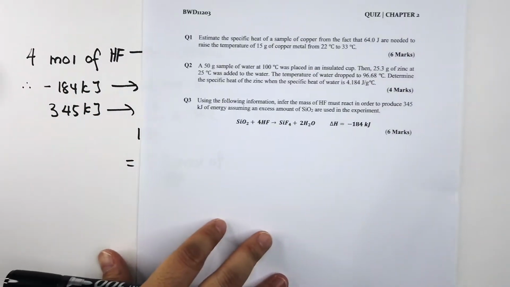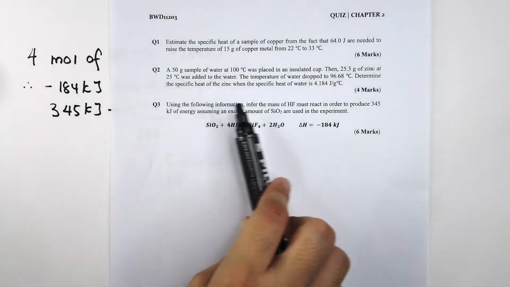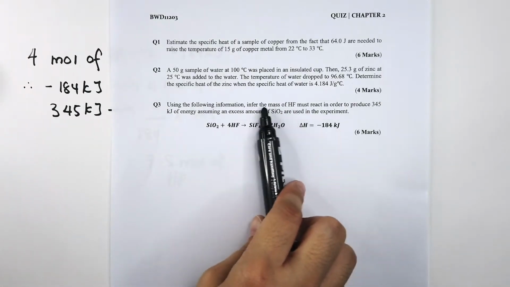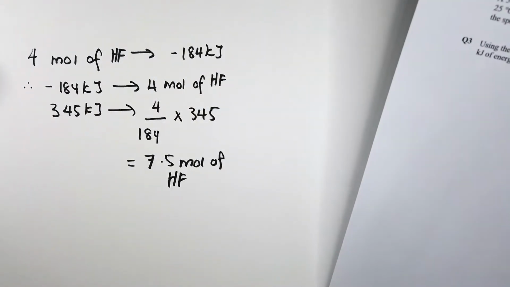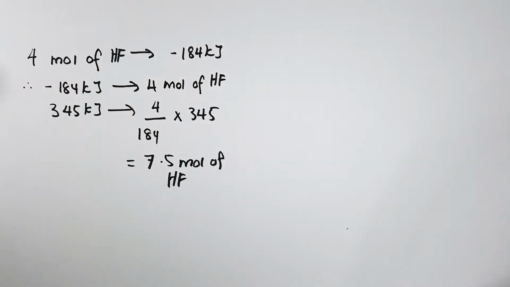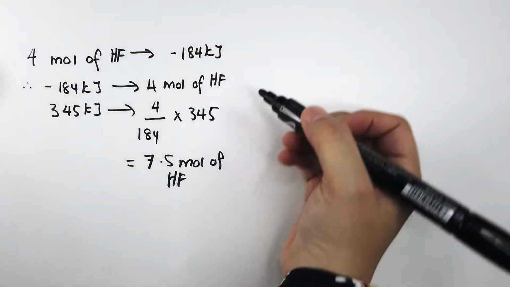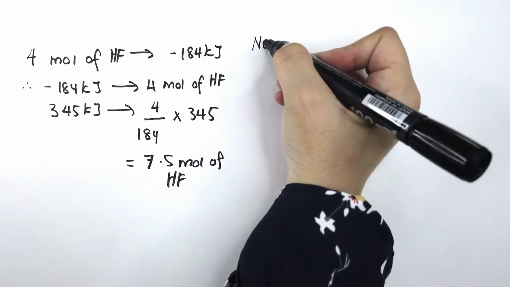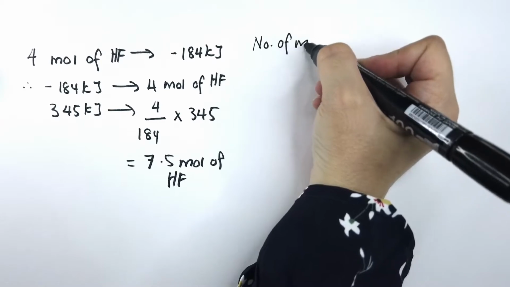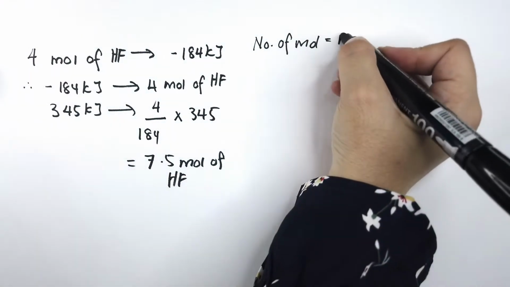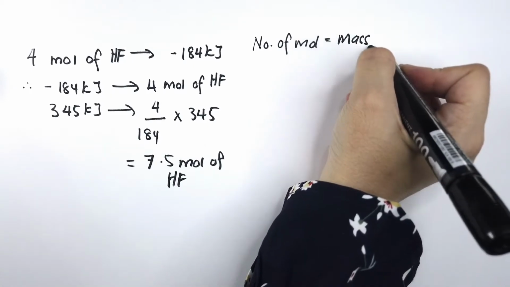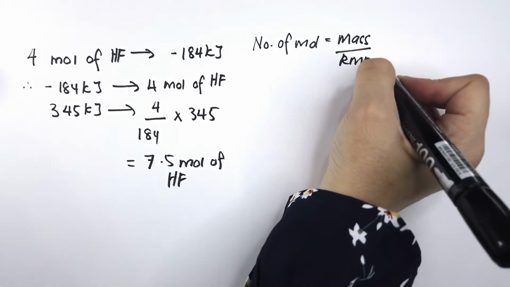But if you read the question again, it says infer the mass of HF. So what you have already calculated is actually the number of mole. So from the number of mole, you can get the mass, because number of mole is equivalent to mass over RMM.